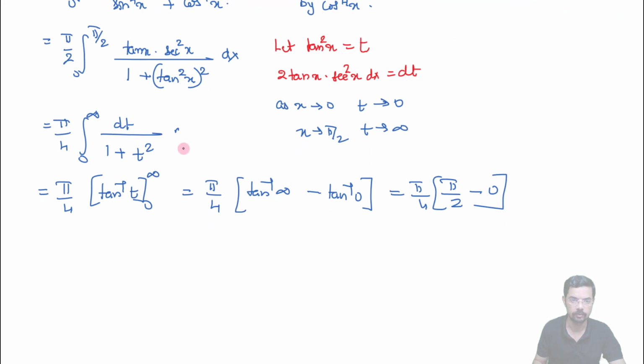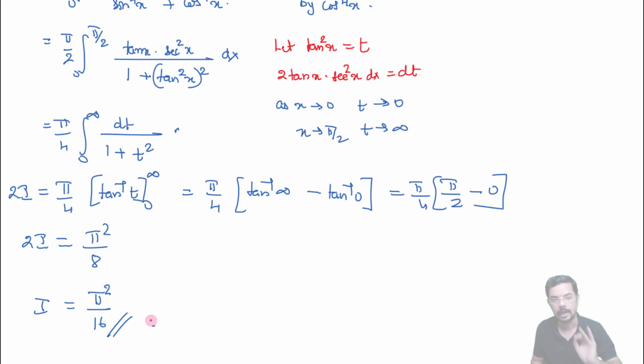So what we have here is 2i equal to pi square by 8. So now i is equal to pi square by 16, and that is your correct answer.